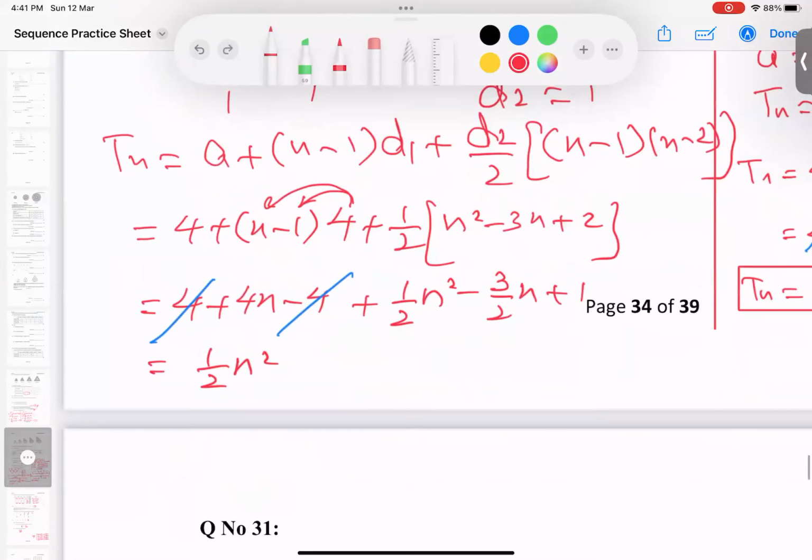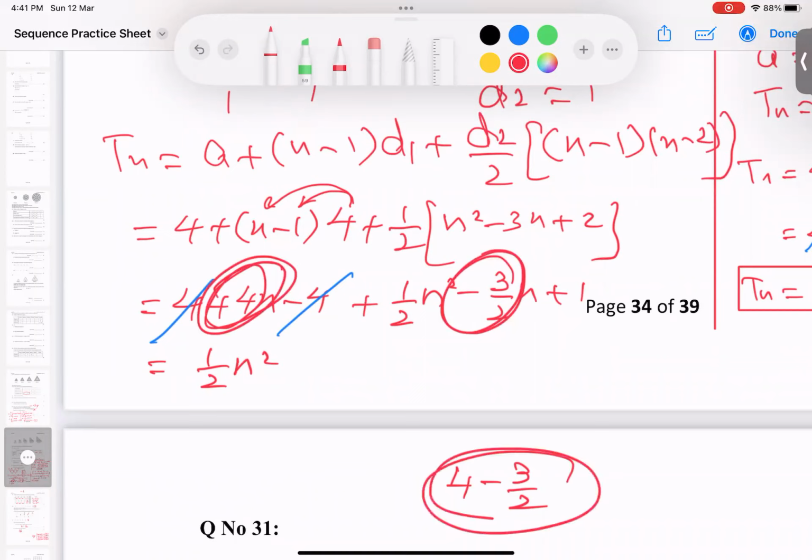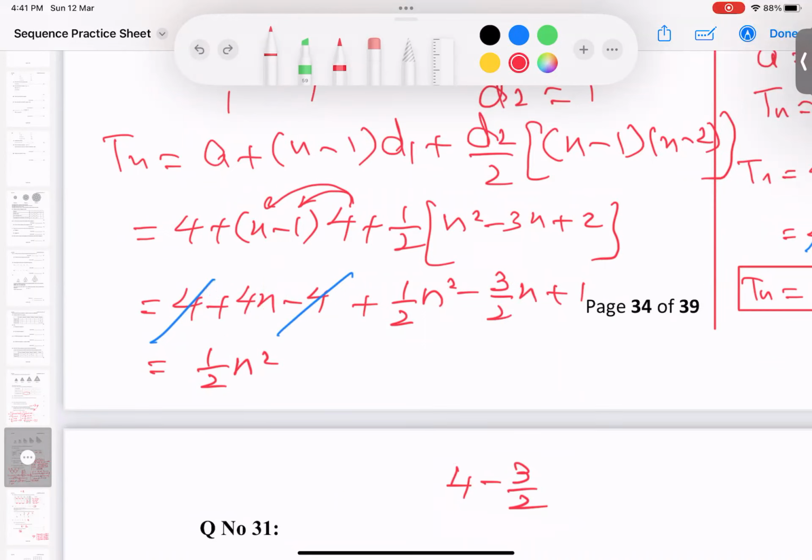If I solve this, 4 and minus 3 by 2, I type in my calculator and get the answer easily. 2 fours are 8, 8 minus 3 gives 5, so plus 5 over 2 n. And this plus 1 stays behind.